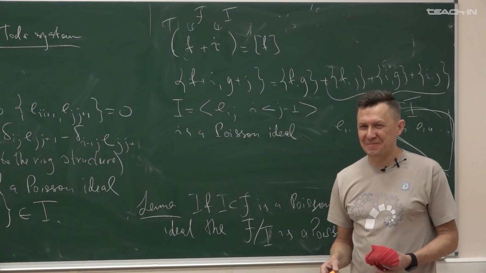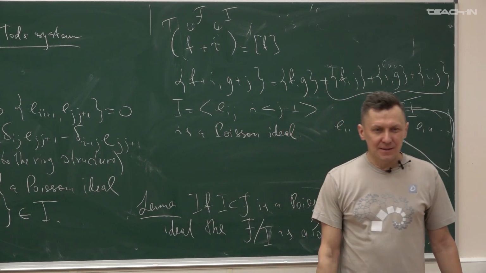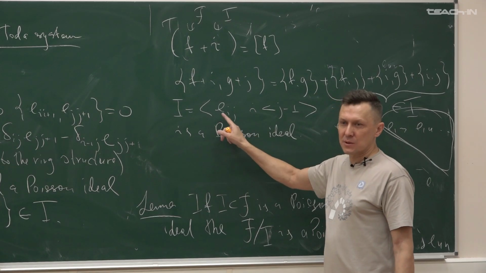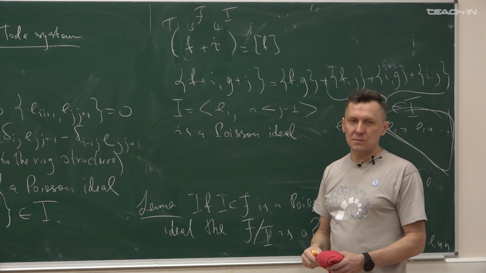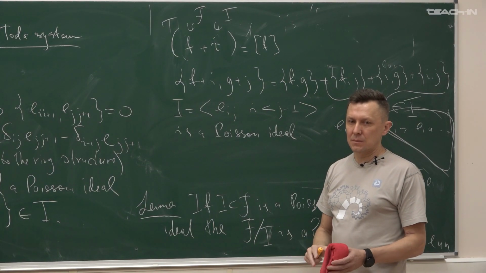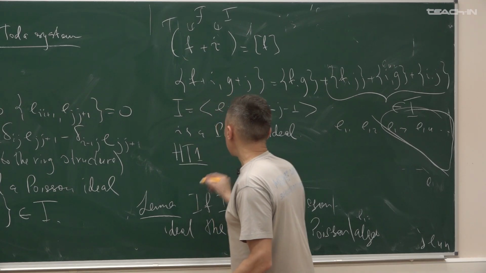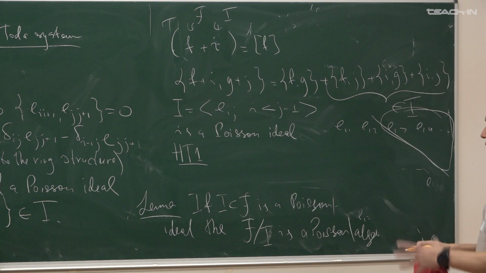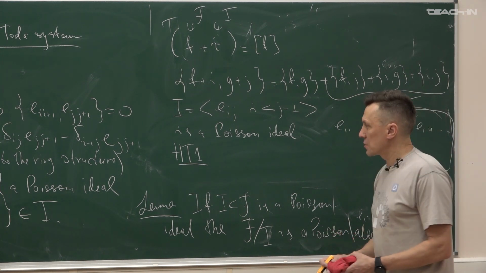Home task: check that this is a Poisson ideal. If you consider the Poisson bracket of such elements, you get elements of the same type. For our aims, it can be used.